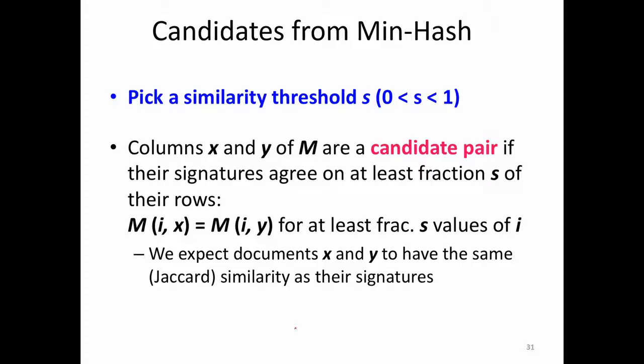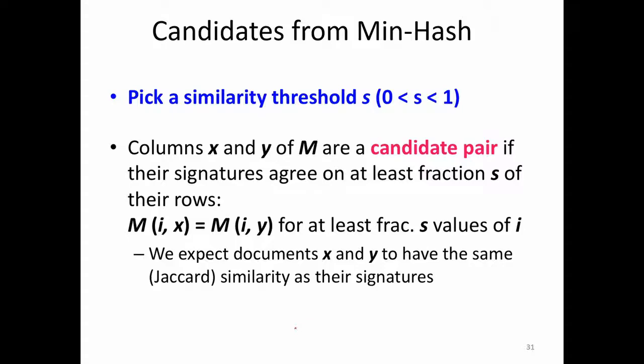Then the columns x and y, which correspond to documents x and y, are a candidate pair if at least s fraction of the entries M_ix and M_iy match, where i varies from 1 to k.